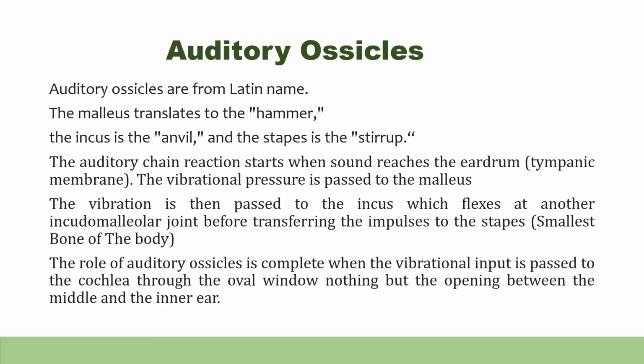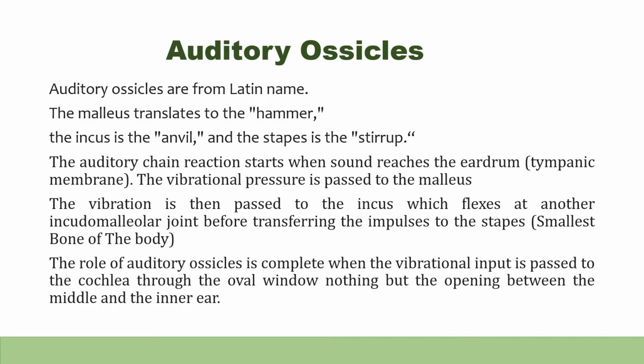The auditory chain reaction starts when sound reaches the eardrum. The eardrum is the tympanic membrane, and the vibrational pressure is passed into the malleus. The vibration is then passed into the incus, which flexes at another joint, the incudomalleolar joint, where the incus and malleus bones are joined together, before transferring the impulse to the stapes.